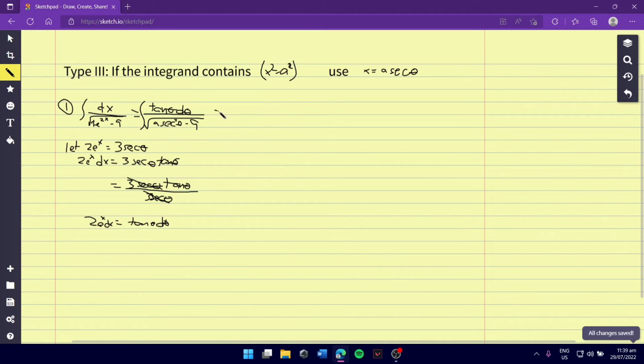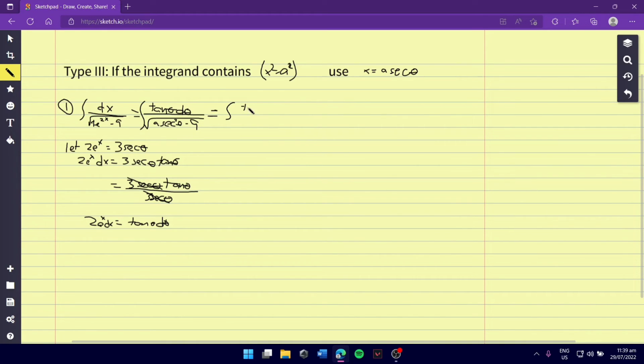For the next step, we will take the root of the term inside the square root sign.